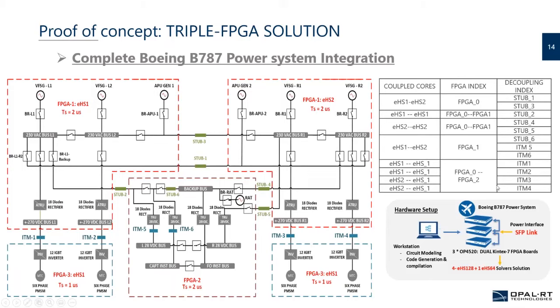The second is the ideal transformer method, benefiting from the DC bus at the output of the rectifier to perform the decoupling between FPGA 1 and FPGA 3. This method is simple and consists of measuring the DC voltage, sending it to feed the inverter, and then measuring the inverter current to re-inject it in the DC bus.